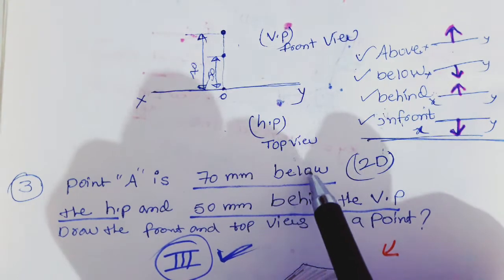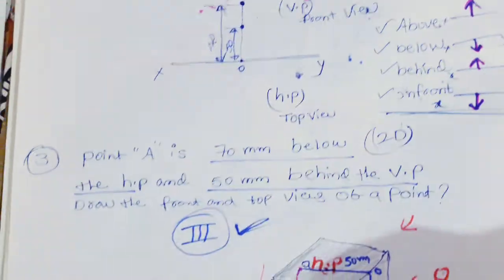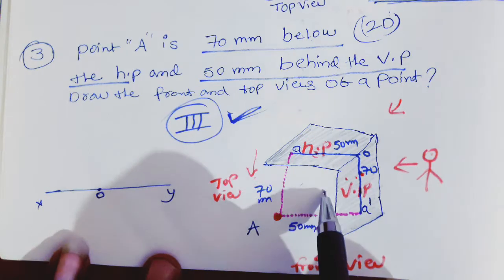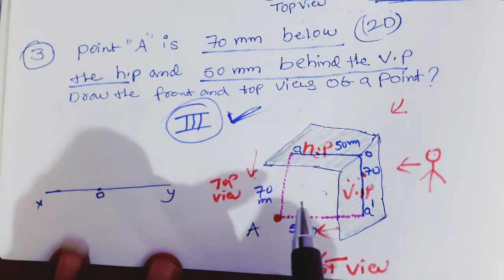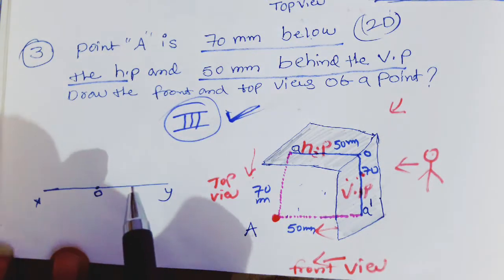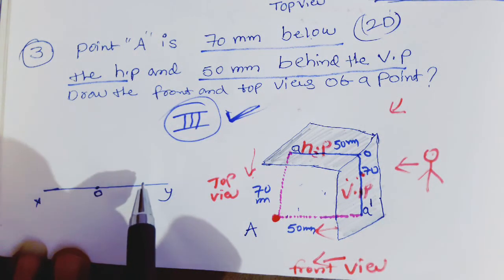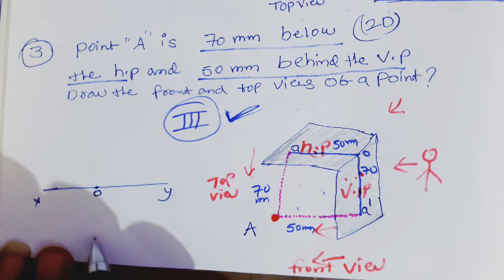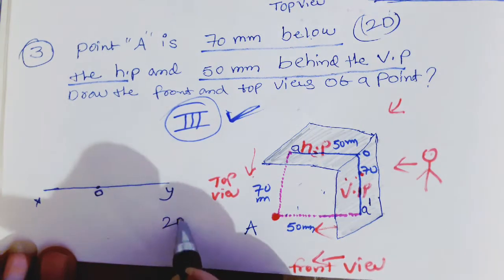If you imagine the 3D position of an object in any one of the quadrants, then it will be very easy to draw the position of a point in 2D. This is the 2D drawing.